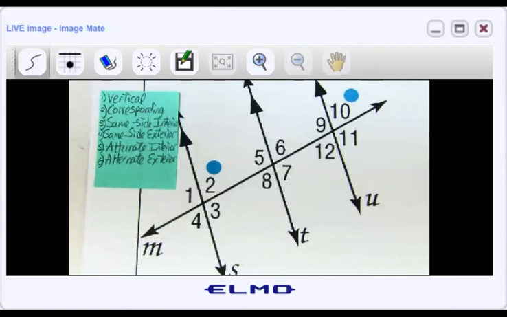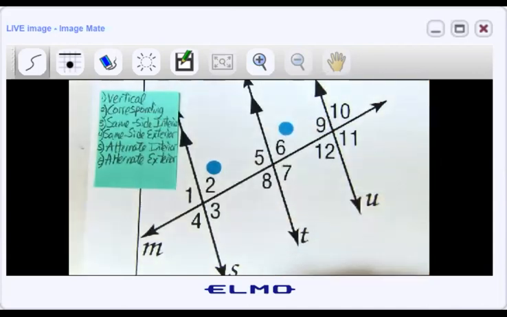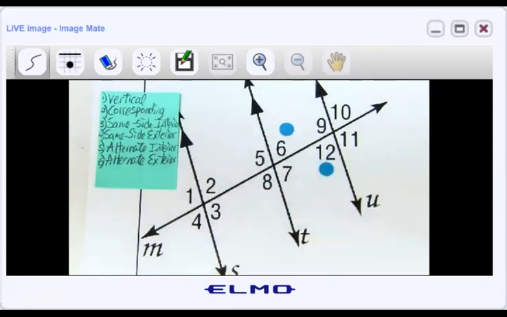Pick a number. 1 to 12. 6. Okay. Tell me what 6 and 12 are to each other.